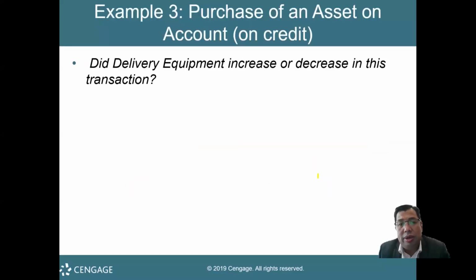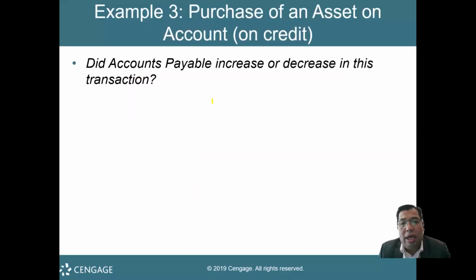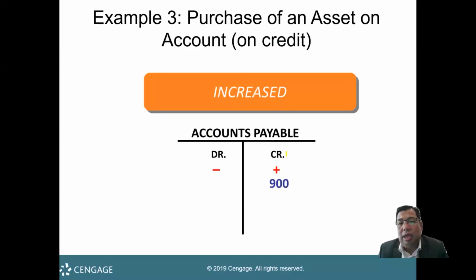So what we should do now is, we have an increase in delivery equipment, so I'm going to debit $900 on the left side. Whereas for liability, there's an increase in liability, so I'm going to credit $900 on our liability account, that is accounts payable.